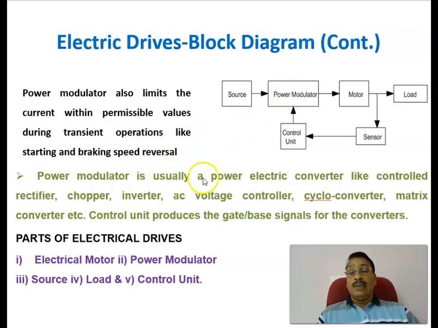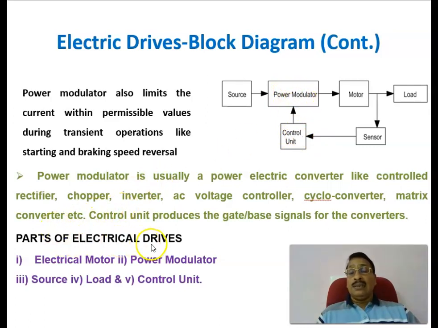And the power modulator is usually a power electronics converter like a controlled rectifier, chopper, inverter, AC voltage controller, cycloconverter or matrix converter. That can be a power electronics based system, and the control unit produces the gate or base signals for the converter. That is, the controlling signal will be produced by the control unit that will be controlling the power modulator.